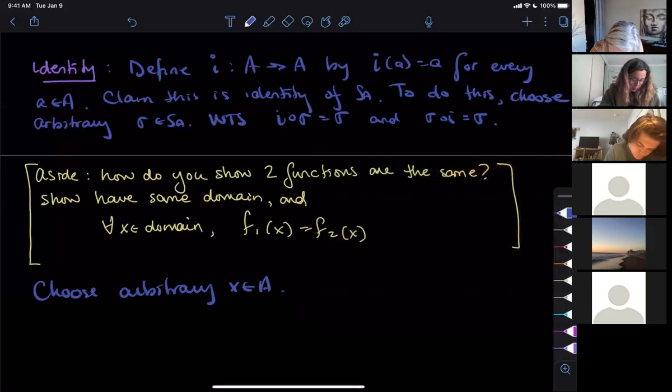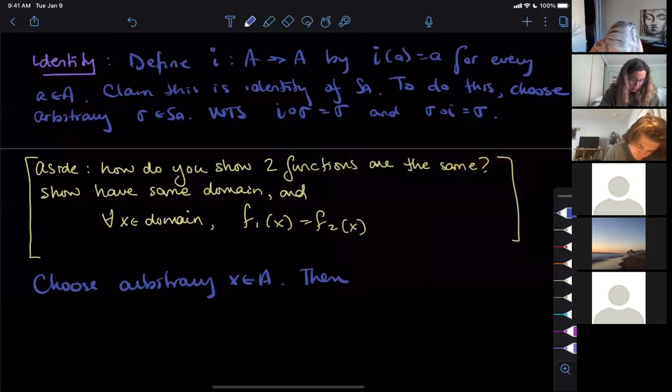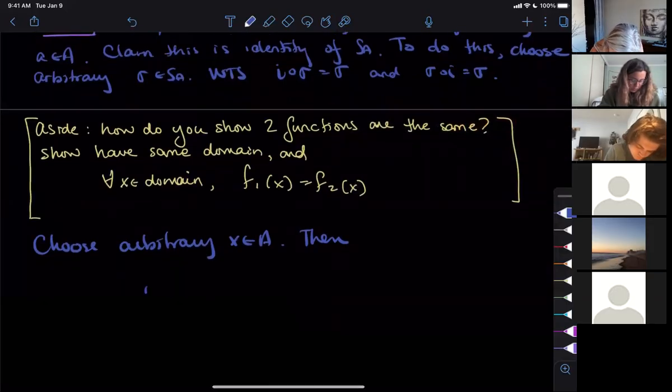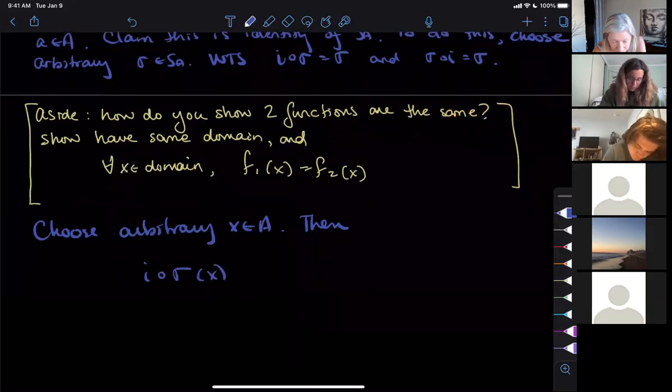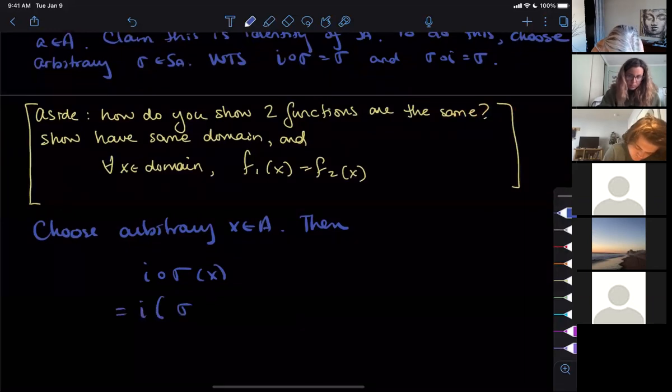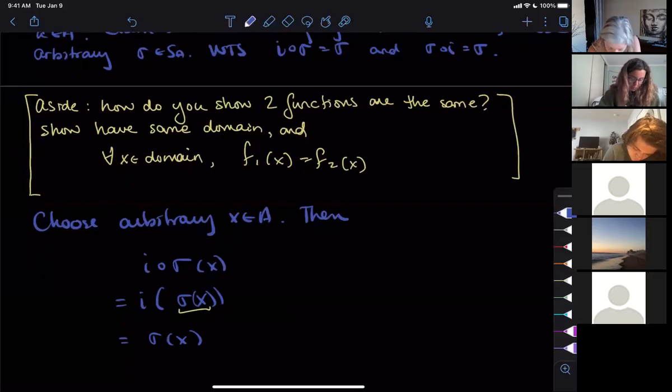Then I composed with sigma of x. Well, composition of functions, that's just I of sigma of x. So that means put sigma of x into the function I. What does I do? It just takes the input and passes it through to be the same as the output. So that's just sigma of x. And that's what we wanted.